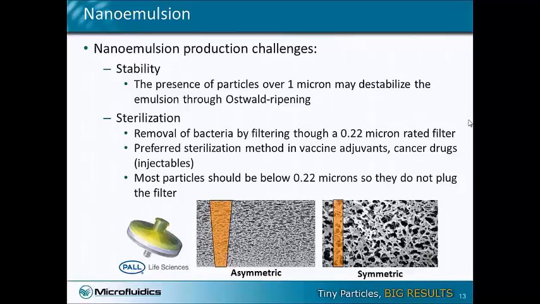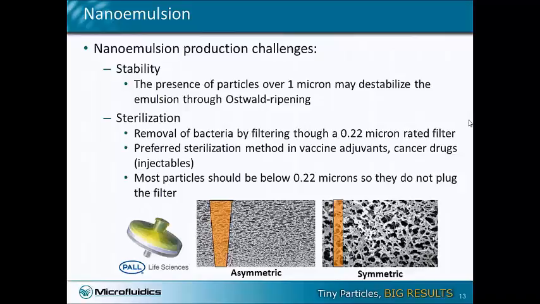In terms of stability, we know that the presence of particles over 1 micron in size may destabilize the emulsion through the so-called Ostwald ripening phenomenon, where the large droplets absorb the smaller droplets and become even larger droplets.